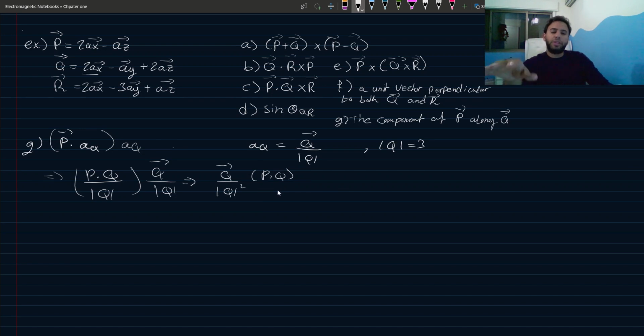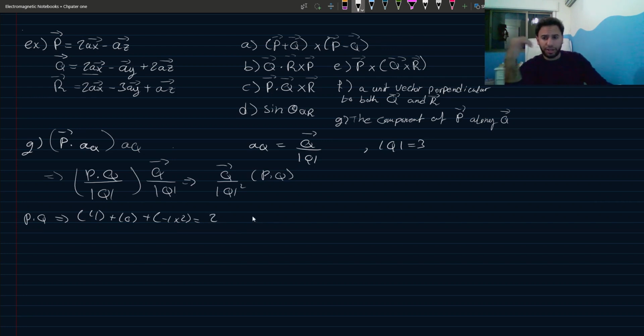And finding p dot q is much easier than just substituting the unit vector. You can do that and you will get the correct answer. So p dot q is 2 times 2, which is 4, plus 0, because we don't have a y component for p, plus minus 1 times 2, which gives us 4 minus 2, 2.